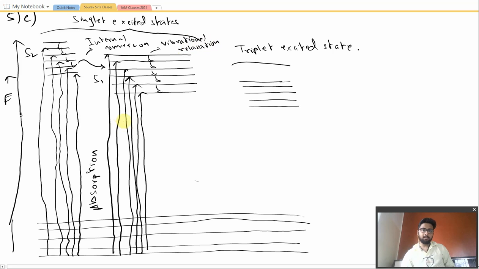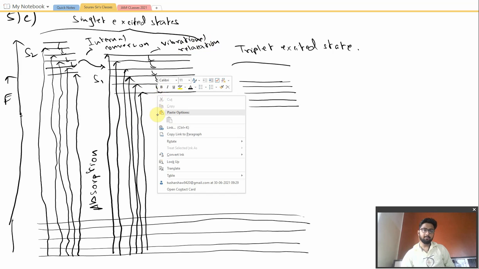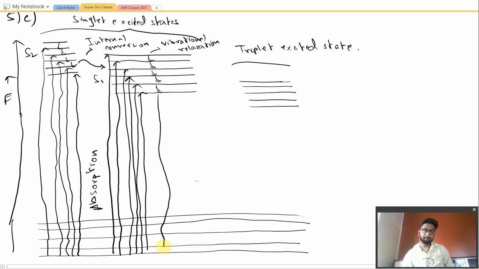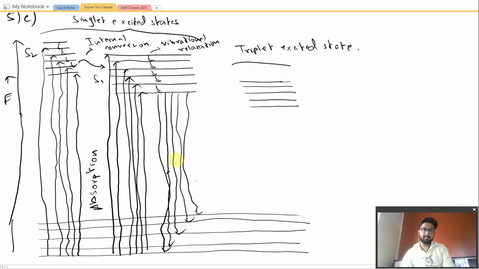From here we'll be getting another type of radiative decay. So let me draw that for you. These lines are fluorescence.